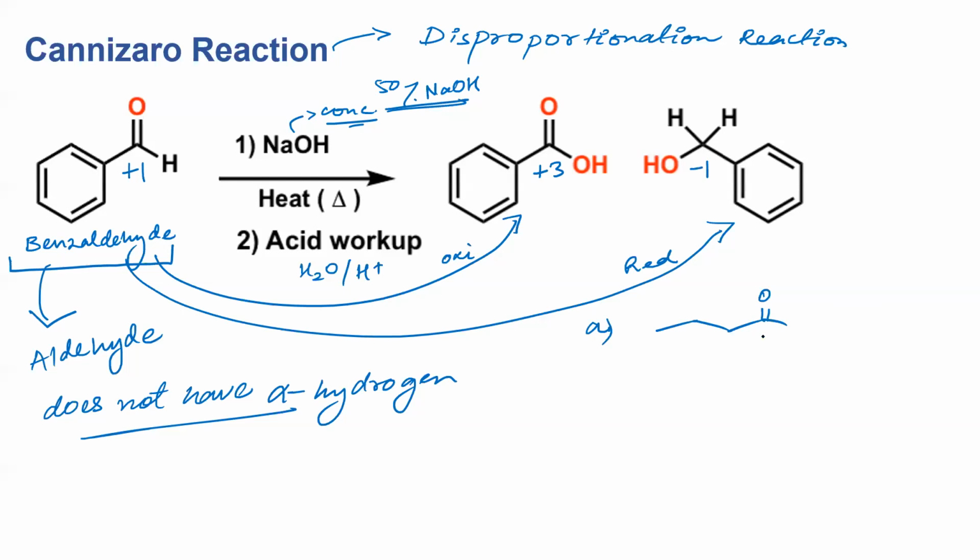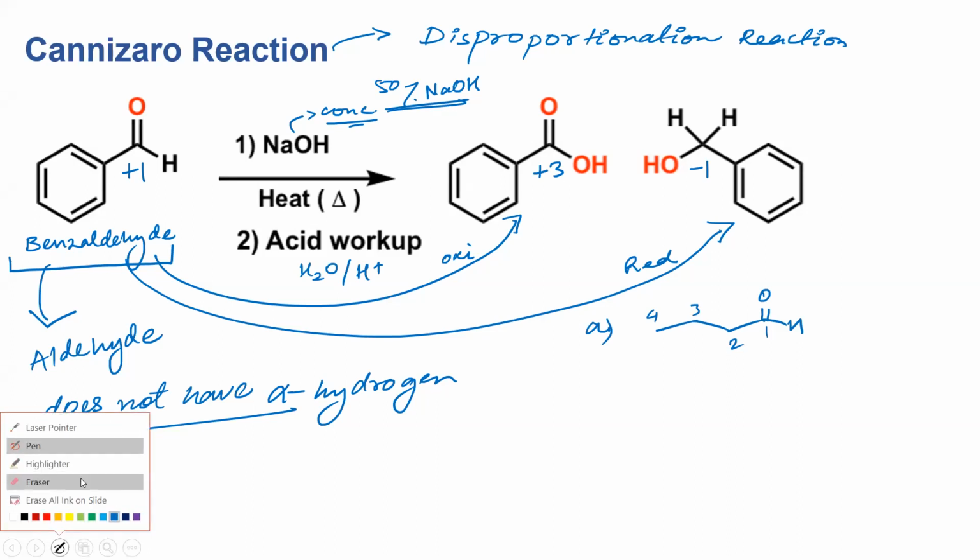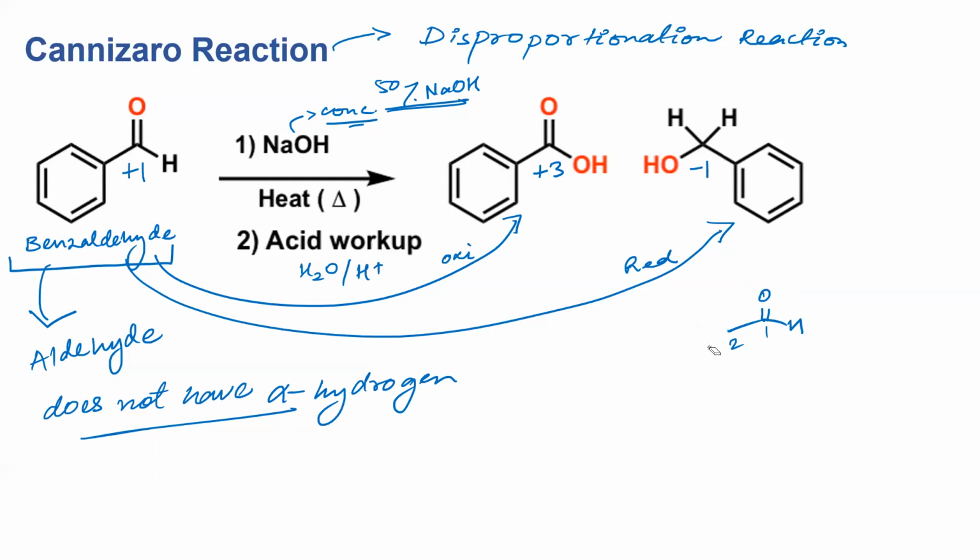Okay, fine. So 1, 2, 3, 4. Which is the alpha carbon here in structure A? Is it 1? No, it is 2. First of all, whenever you look for alpha carbon or hydrogen, you will try to recognize the functional group.